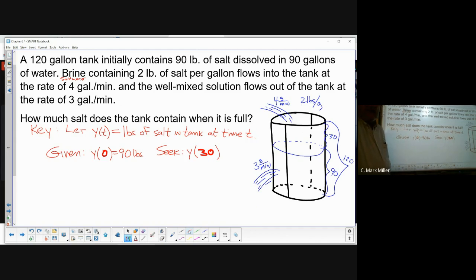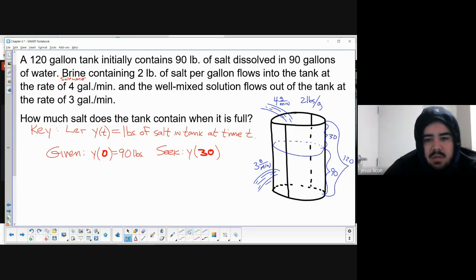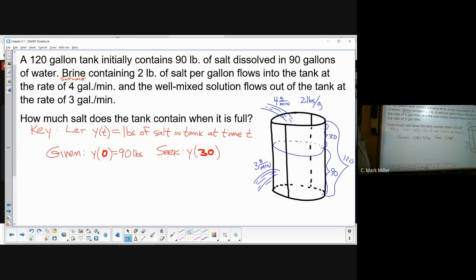I know that's a lot. And honestly, if you're behind in differential equations, this might even be a fog. I hope it isn't. Why 30 instead of 120? Well, 120 would be if the tank were empty. You only have 30 gallons of empty space, and 90 gallons of something else already there.